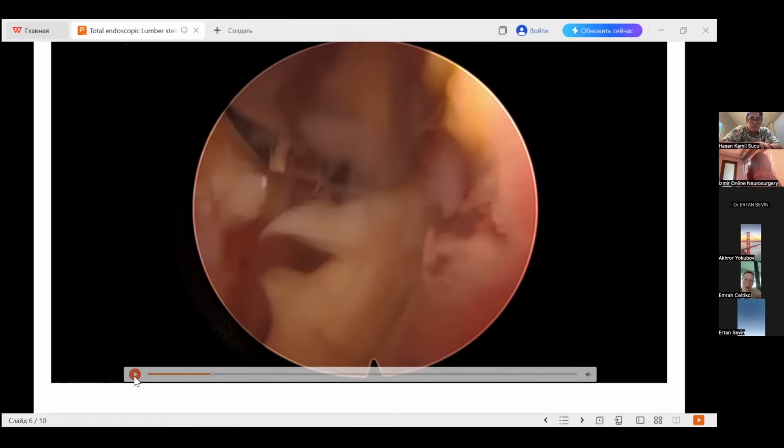There is adhesion. It could cause a dural tear, dural damage. That's why when I hold this ligamentum flavum, I rotate my scope and I have to see my Kerrison tip. Make sure it's not biting the dura mater.